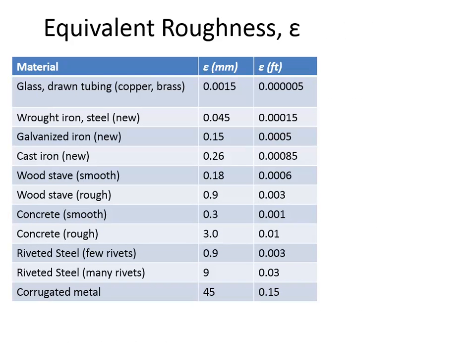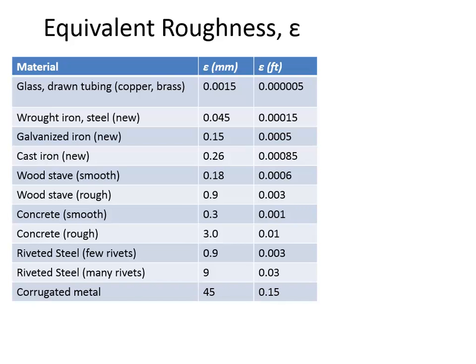So here are some equivalent roughnesses. And this epsilon, sometimes called K sub S in some references, is the equivalent sand diameter, equivalent roughness. It's listed here both in terms of its SI units and traditional units. You can see that cast iron is relatively rough as far as new pipe materials go.